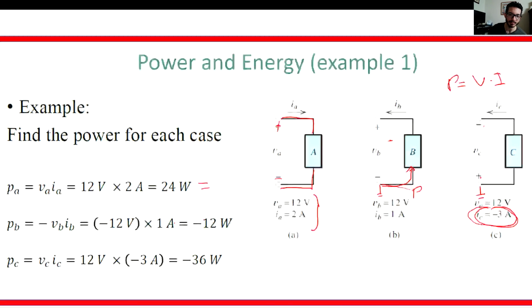Or you can have negative current if your current is going towards your ground or your negative point. It could get confusing, but that's why it's important that you always follow the same nomenclature.